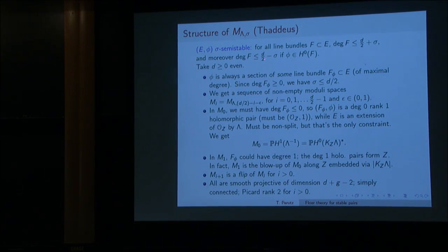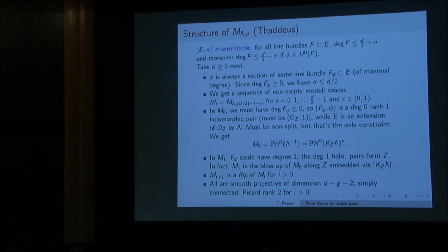That means sigma is very close to D over 2, and so the degree of F_phi is just forced to be 0.